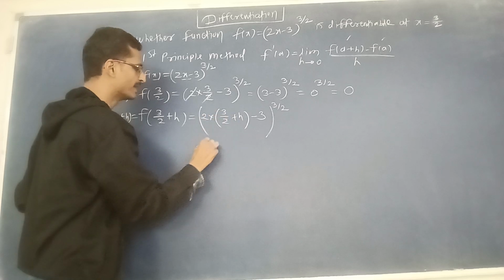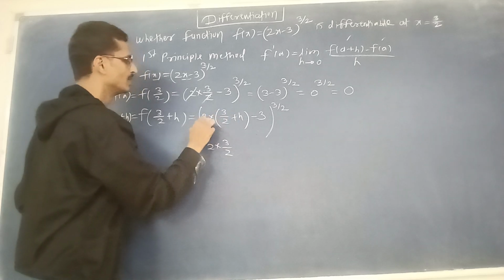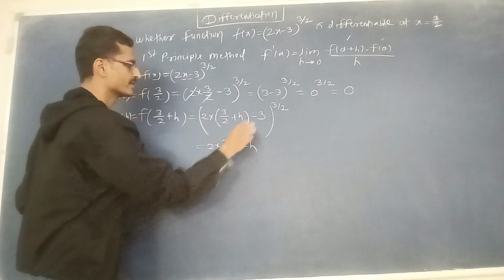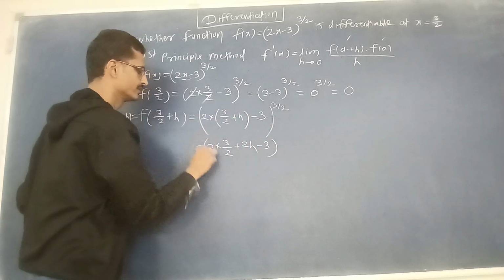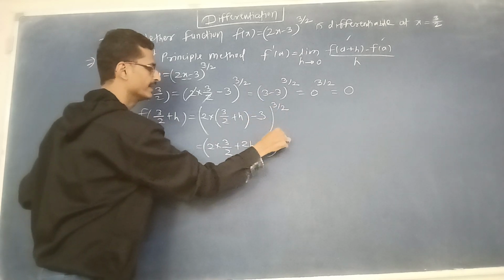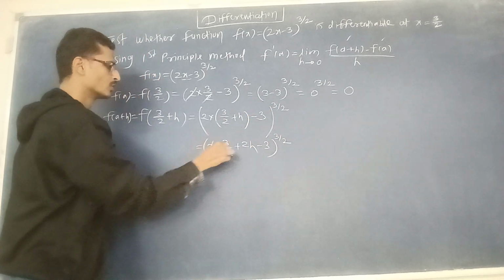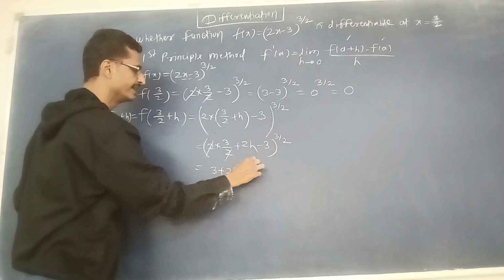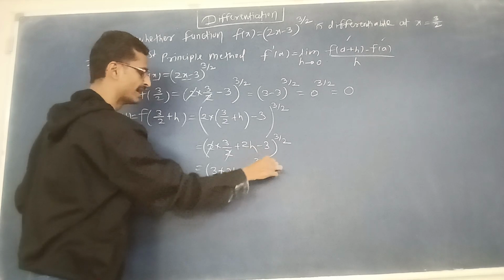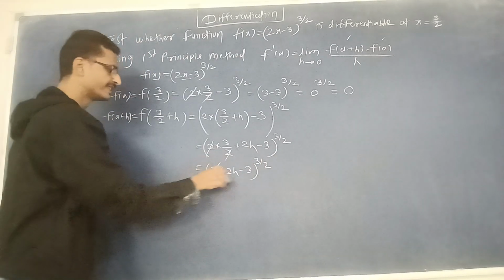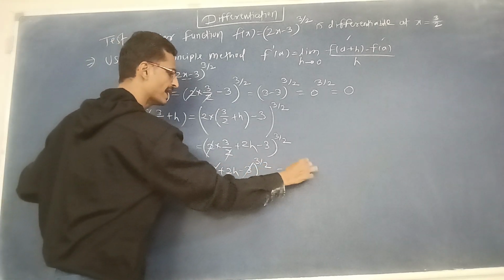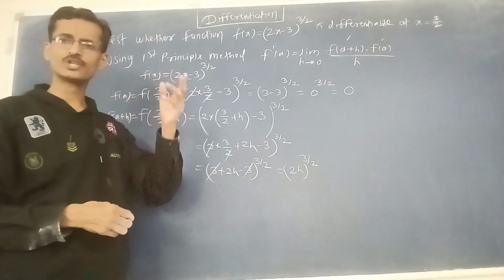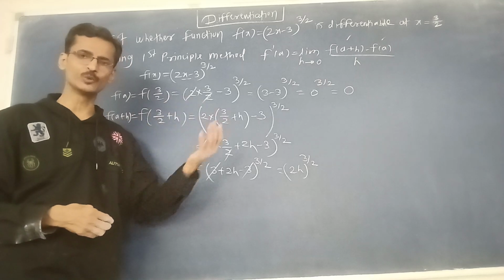So 2 into 3 by 2, then plus 2 into h, 2h minus 3 whole raised to 3 by 2. So 2 to cut, 3 plus 2h minus 3 whole raised to 3 by 2. So this 3 cancel. So this is 2h raised to 3 by 2. Now ab whole square, we know we can write a square into b square.